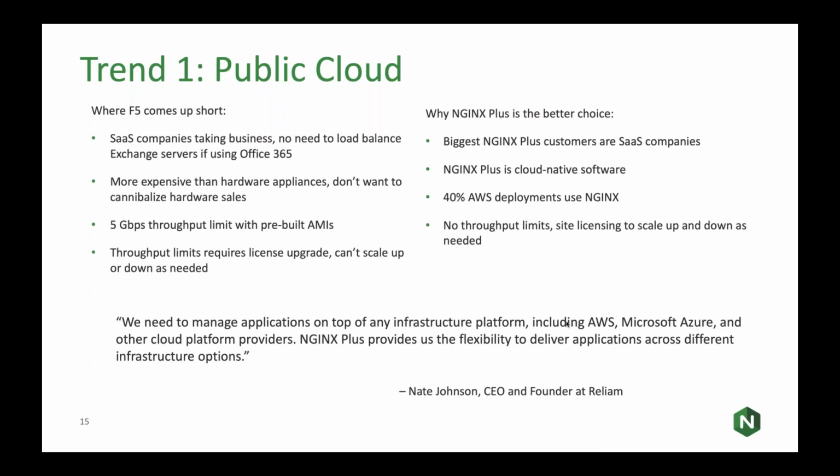So in this first trend, we find that a lot of SaaS companies are taking business away from companies like F5 because there's no need to do things like load balancing of Exchange servers if you're using Office 365. And when migrating to the cloud, you're generally limited to the SaaS provider's deployment options.